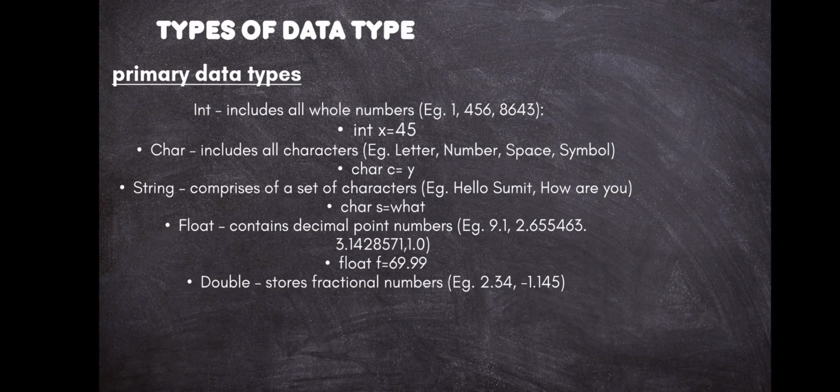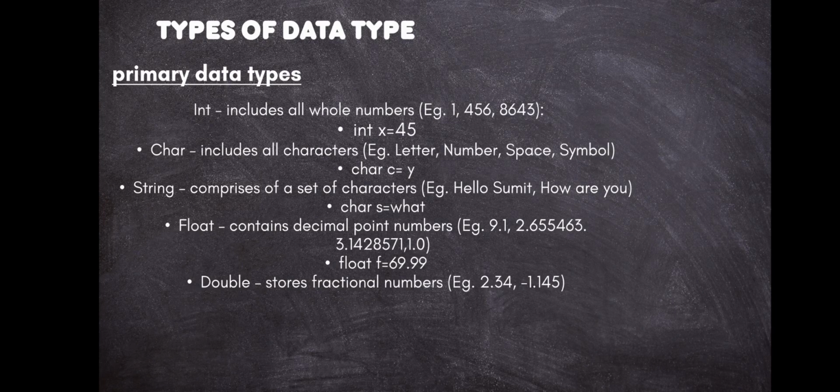Now let's see the primary data types. It includes integer, character, string, float, and double. Integer is responsible for holding integer kind of values. Character data type is for including individual characters. The string is for a set of characters, while the float is responsible for containing decimal point numbers.